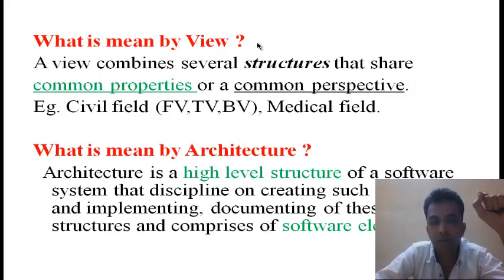Okay, so the second one is what is meant by architecture. Architecture is a high level structure of software, and the discipline of creating such structures, that means we are developing or creating that structure, and also implementing and documenting this structure.